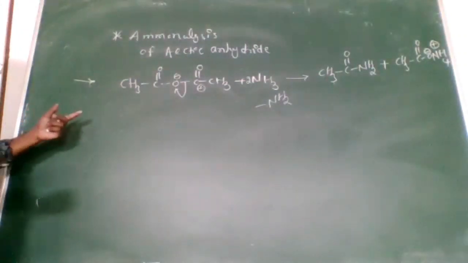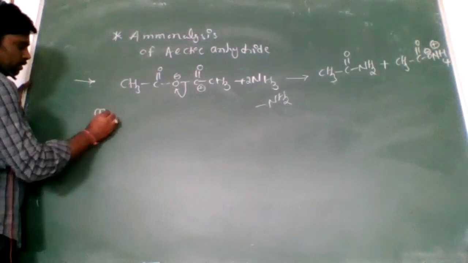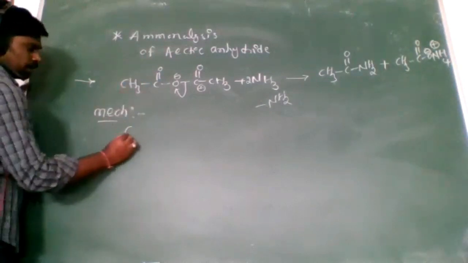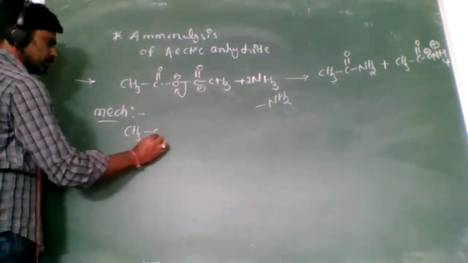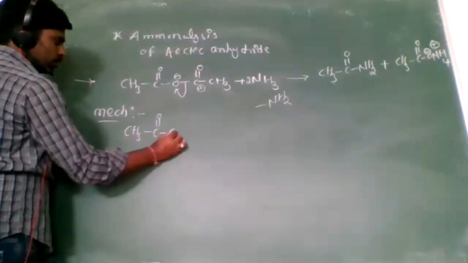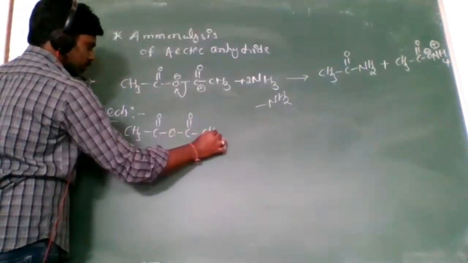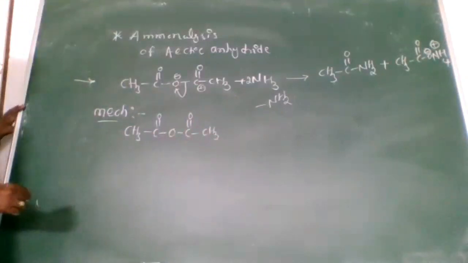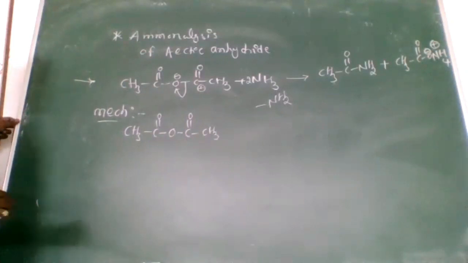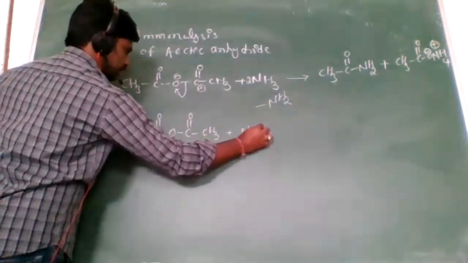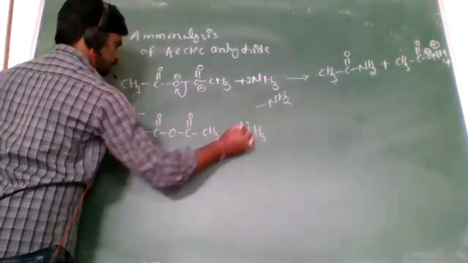How do we get it? So I will show the mechanism. Look at here: CH3 C double bond O, C double bond O CH3. Clear? Right. Now see here. I take the ammonia.